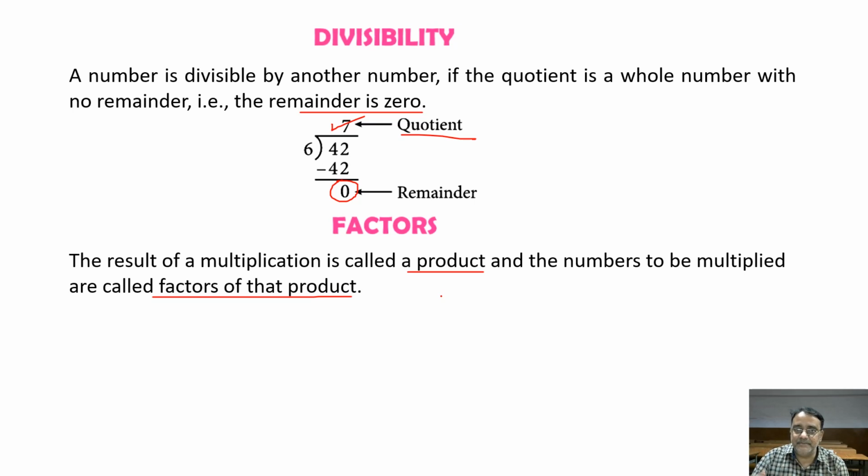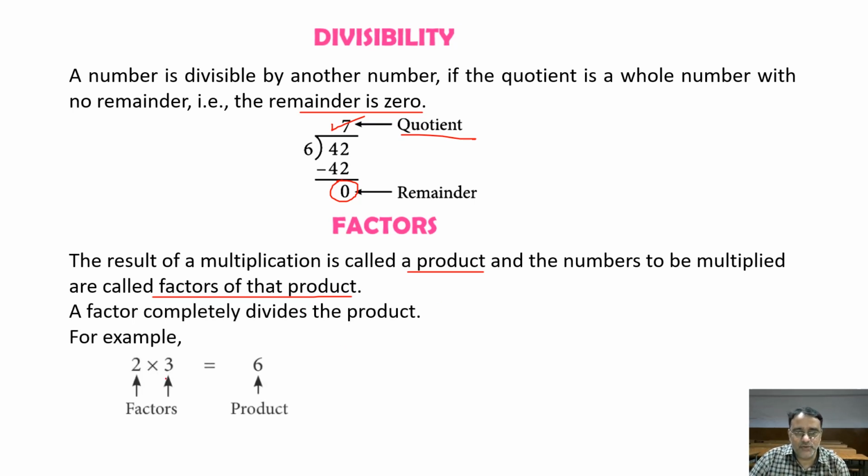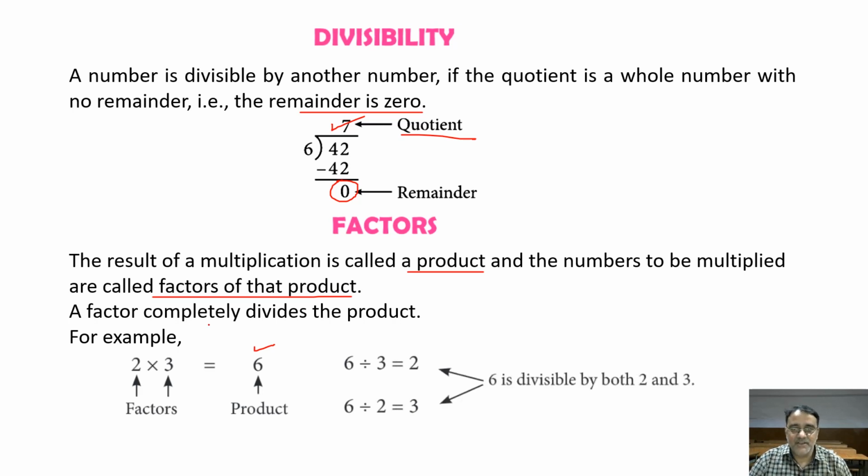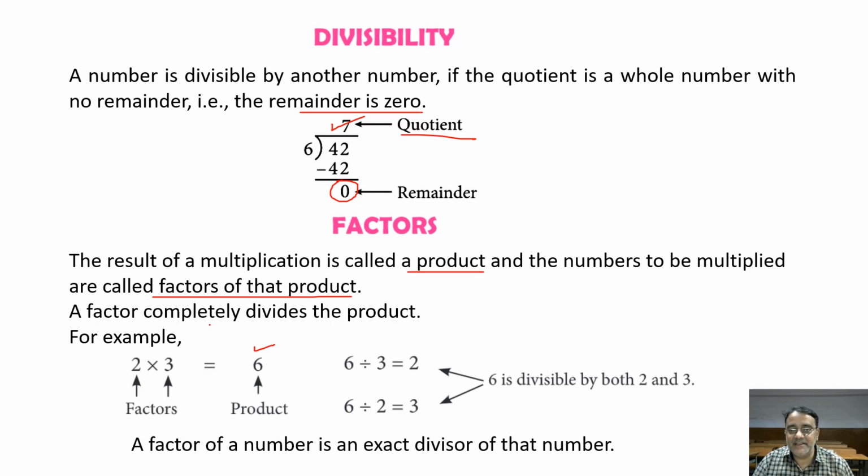So a factor completely divides the product. For example, suppose 2 into 3 is 6. So 2 is a factor of 6, 3 is a factor of 6. Or we can say that 6 is completely divisible by 2 and 3. Right? Both 2 and 3. So a factor of a number is an exact divisor of that number.